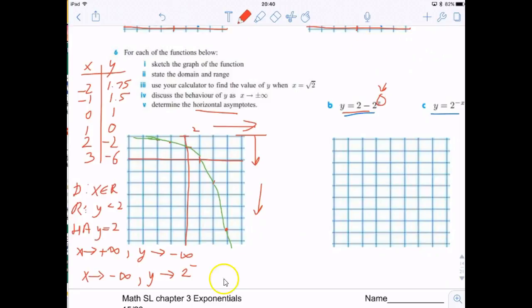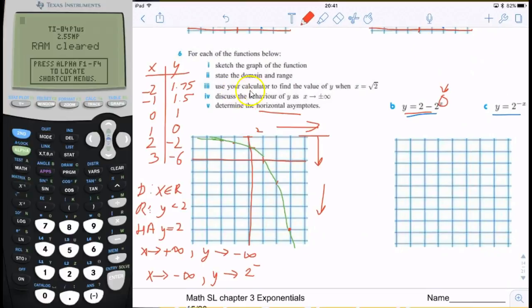Okay, so now let's bring in the calculator. Now I'm going to go back and use my calculator to find the value of y when x equals square root of 2. So I'm going to put in the function, which is 2 minus 2 to the x. And instead of x, I'm going to put in square root of 2.